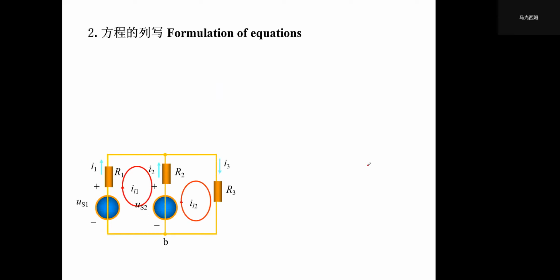So how to list the equations? Still, for this example, we can do it for the first one. First one, we see IL1, its reference direction is associated with I1, so we can see that IL1 is positive.